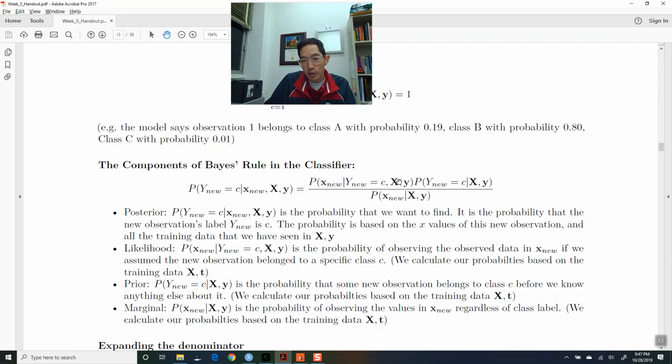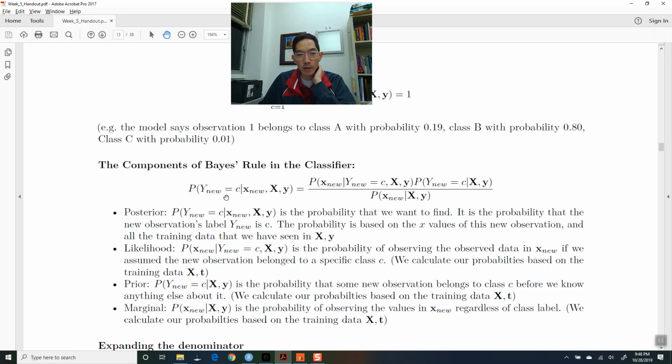The X and the Y show up in the given part because that just means given the training data that we have seen, okay? But you can think of the A and the B as this Y new and X new. So we'll call this part the posterior, okay? This part is the probability that we get after we do all of our calculations, so it's called the posterior.